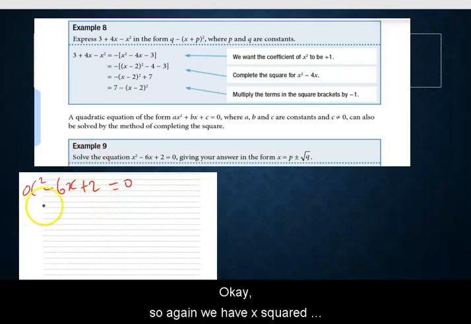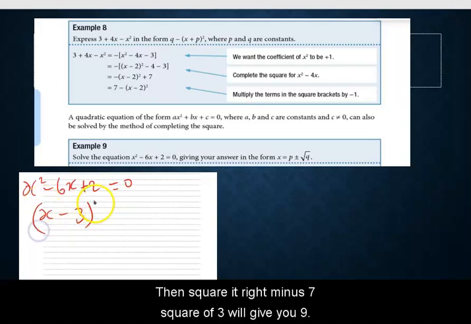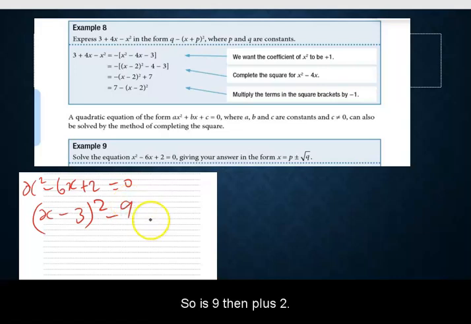Okay, so again we have x squared minus 6x. If we take the half of 6, it is 3, right? So we are going to have x minus 3, then square it, right? Minus 7. Square of 3 will give you 9, so it's 9, then plus 2.